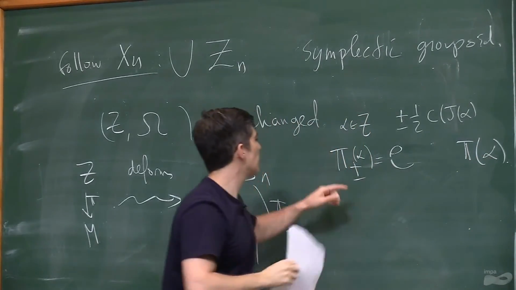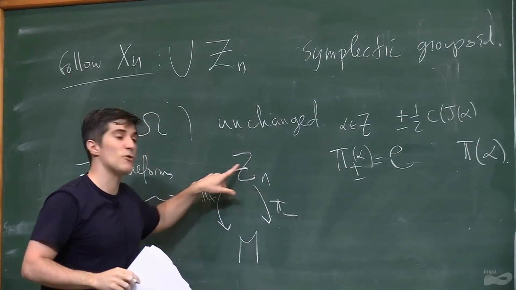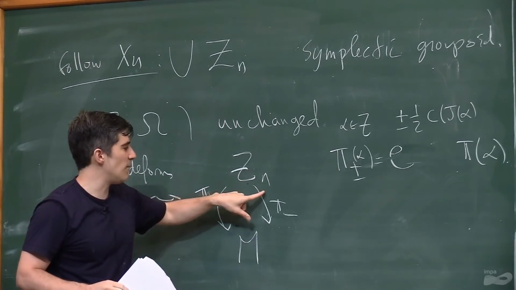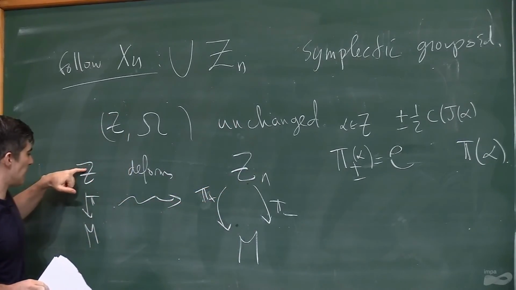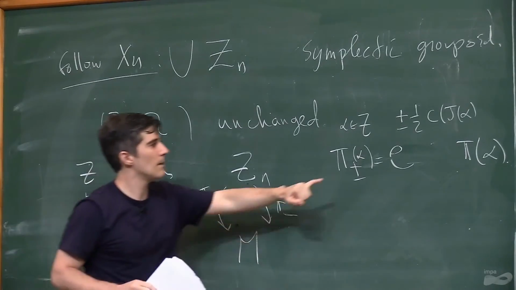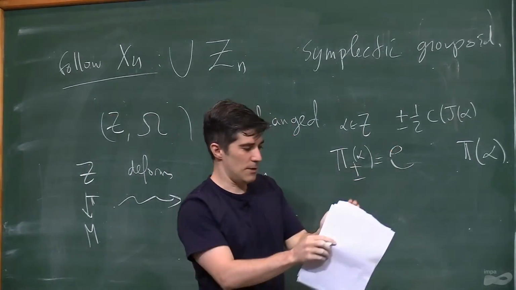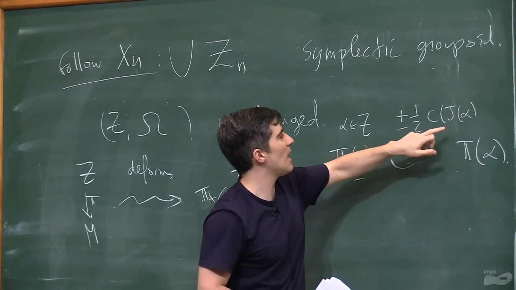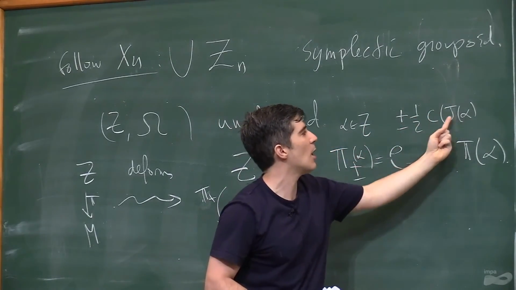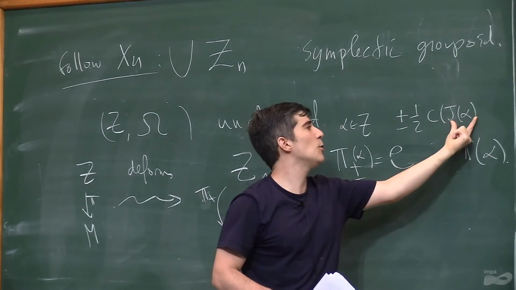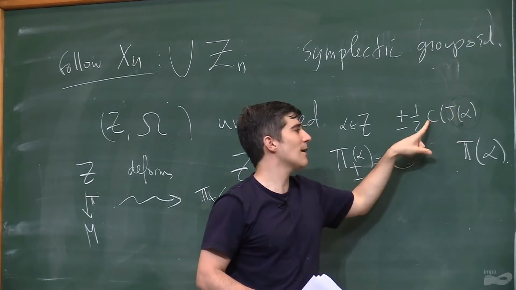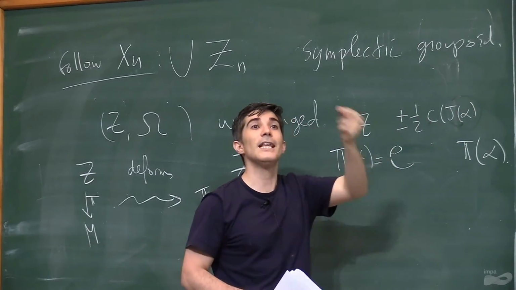So the idea is that now we're going to deform the structure maps of this Z space. And the way that we deform it is that we take a point in Z, project it to M, and then we act on it by a group element, and the group element is obtained in the following way. We look at the value of the complex moment map in the dual of the Lie algebra. This dual Lie algebra element is contracted with the R matrix, and that gives a Lie algebra element.